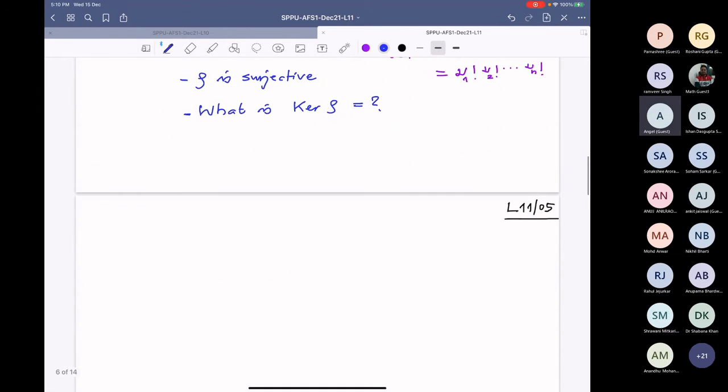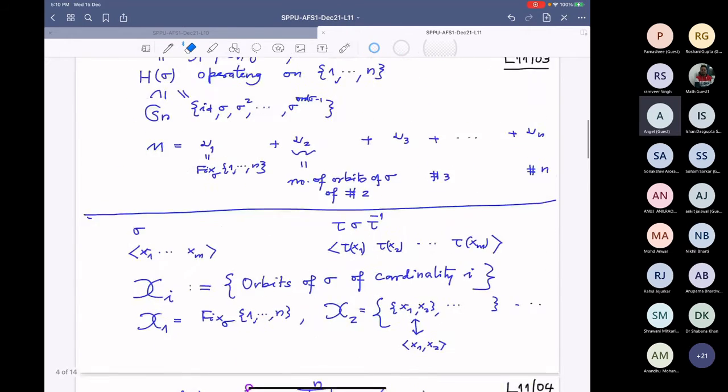The kernel of rho is precisely the product H sigma 1 cross H sigma 2, and so on. Again I will leave it like that. See here, what did we decide?